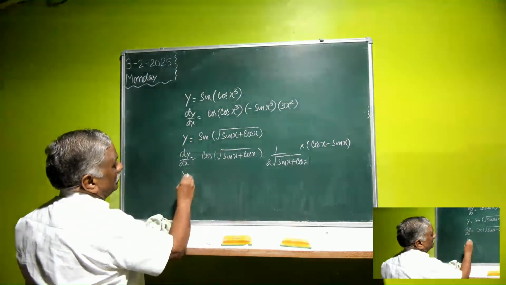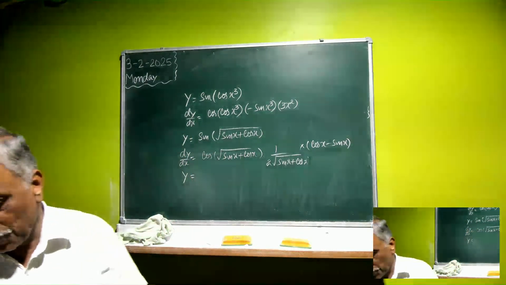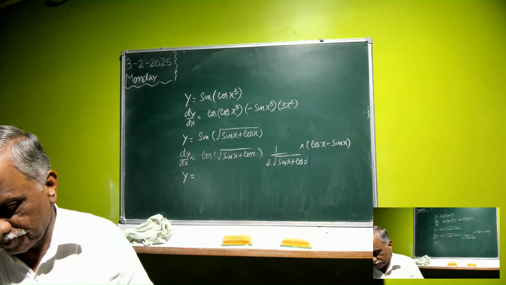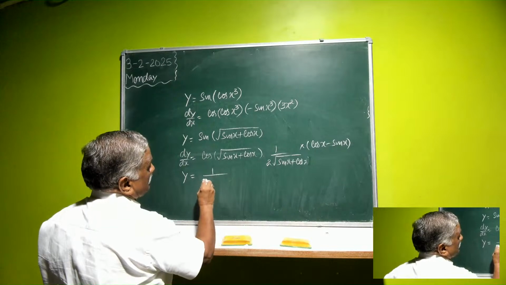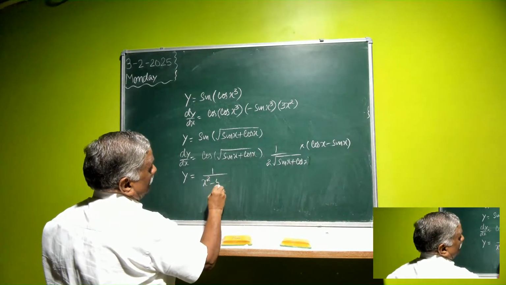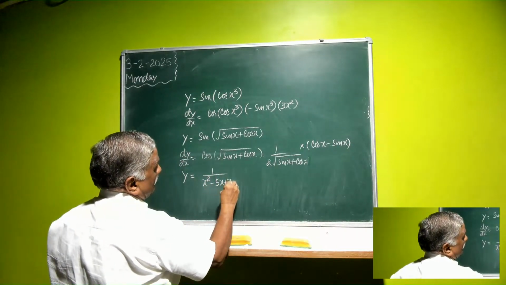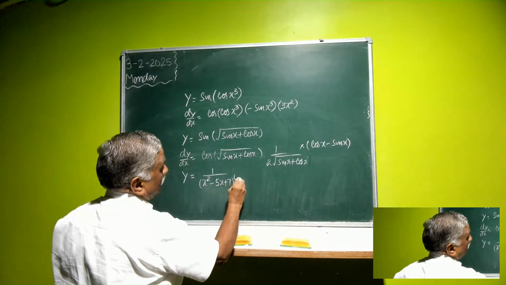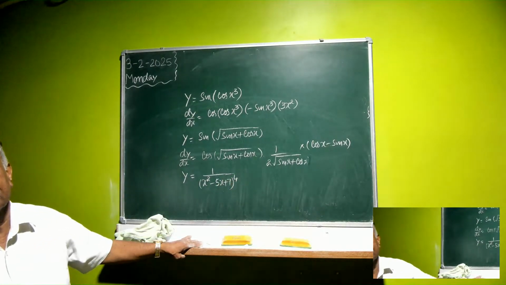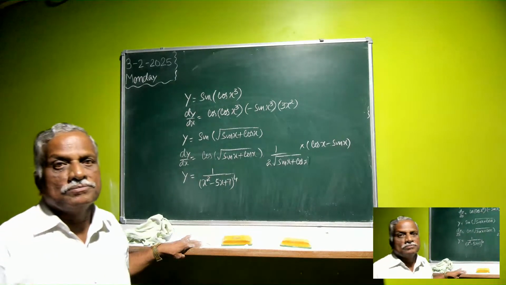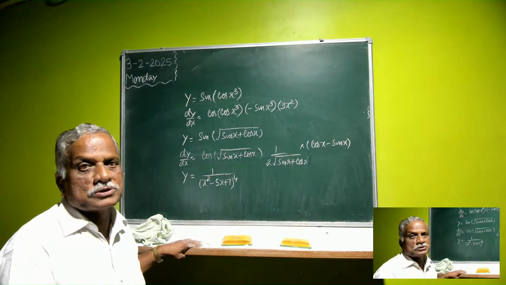Next problem. Y is equal to 1 over x square minus 5x plus 7 to the power of 4. So when you look at this problem, you think that you are going to use quotient rule.